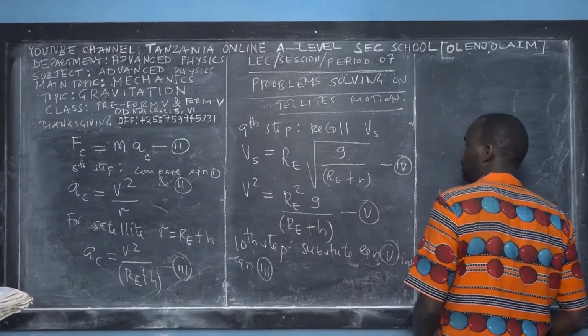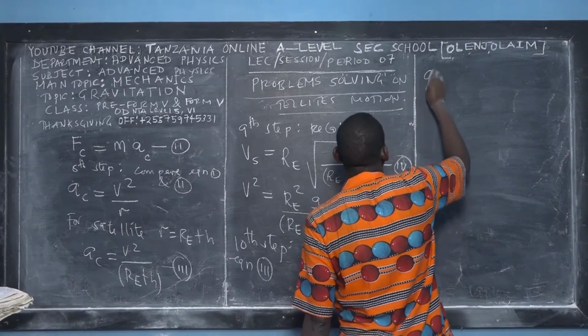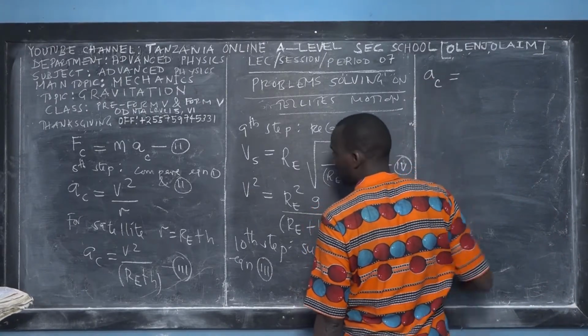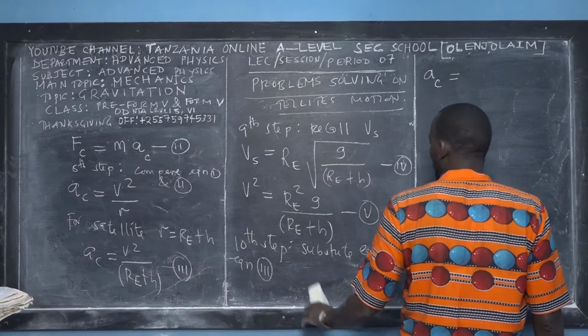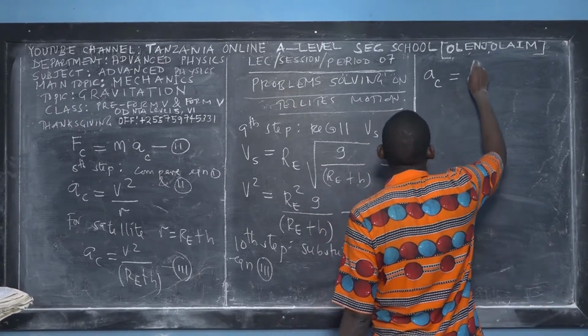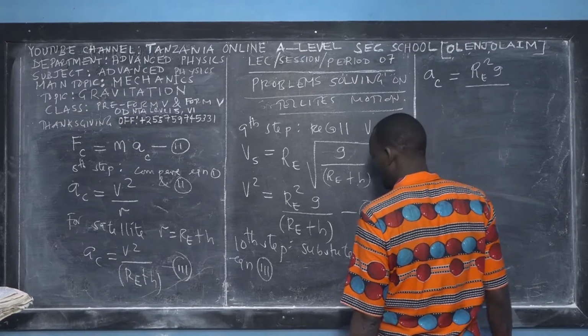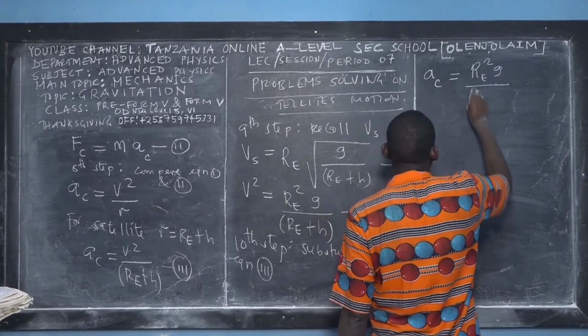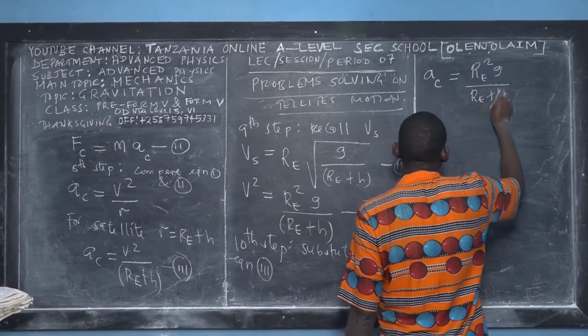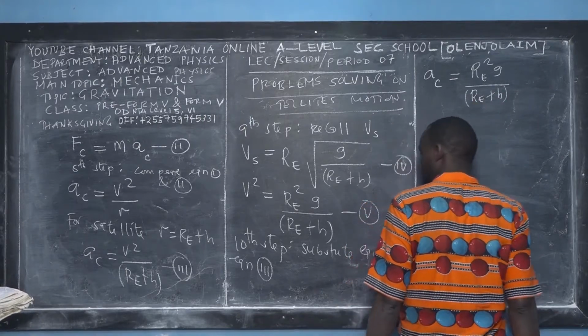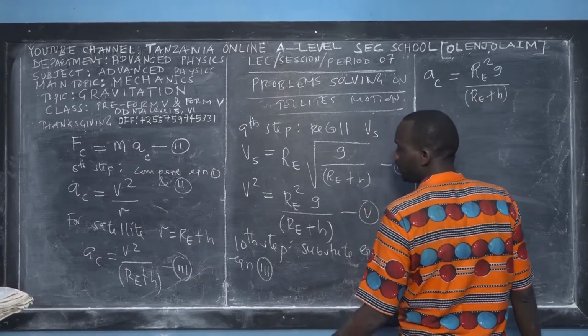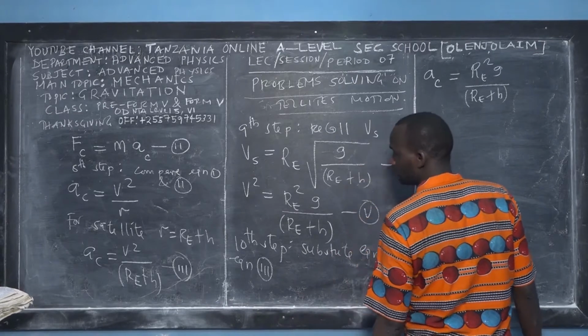So if you do such substitution, the centripetal acceleration is equal to what? Square of that velocity, which is radius of the Earth squared times acceleration due to gravity, then here we have radius of the Earth plus height h, then divided by this expression.